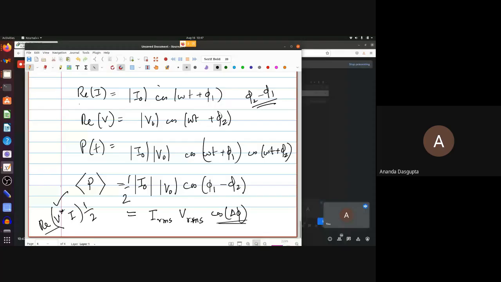Only for linear operations, it does not matter whether you do it before or after. And which is why for linear calculations, you can simply forget about the fact that the current really is a sinusoid and not a complex exponential, and do the full calculation, finally find the result out, and then be happy with your final result. I hope I have made myself clear here.